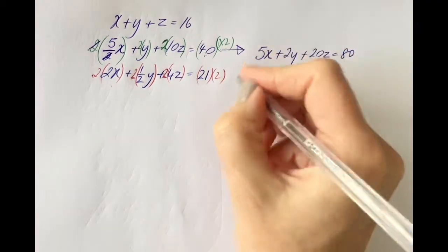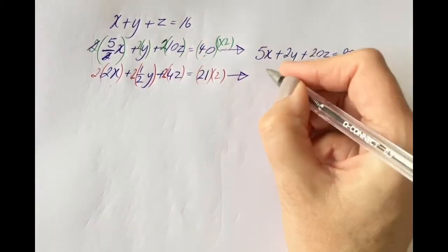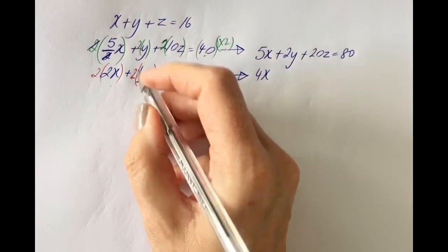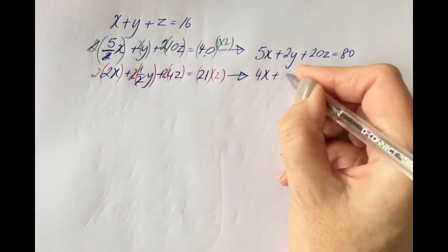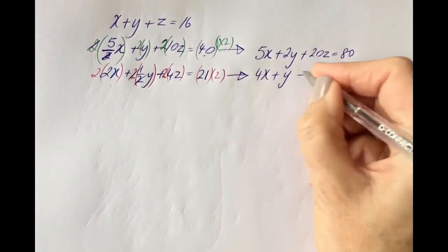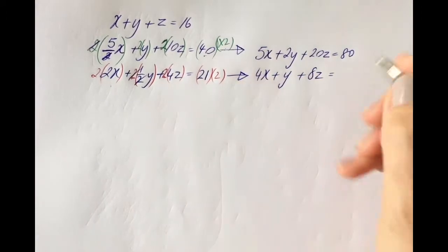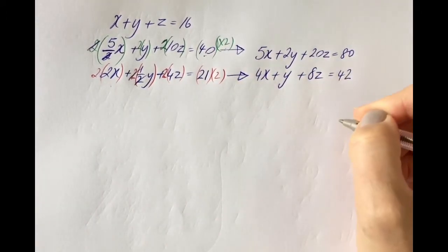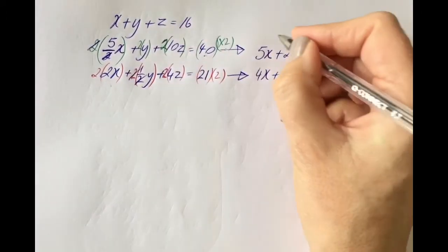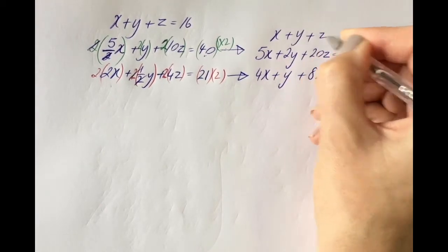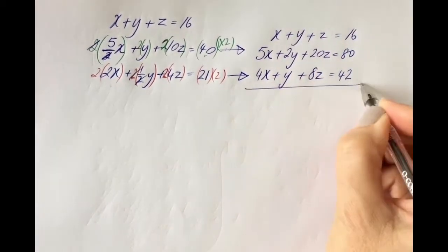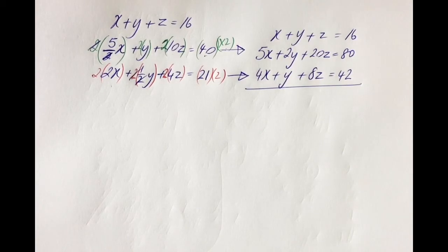So that one would then give me 2 times 2x is 4x. That 2 cancels with that 2 to give a 1y. 2 times 4z is 8z, and 21 times 2 is 42. Okay, and this one is fine as it is, so x plus y plus z equals 16. Now this is much nicer to deal with.